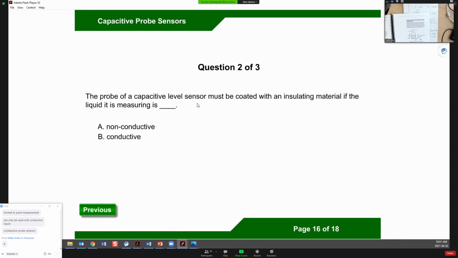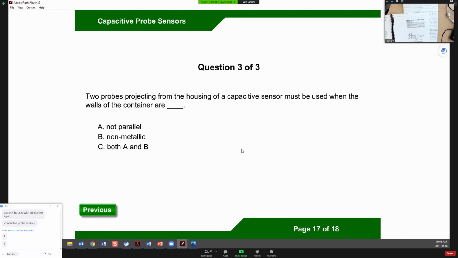A capacitive level sensor must be coated with insulating material for a conductive liquid. Two probes projecting from a housing must be used when the walls of the container are non-metallic.